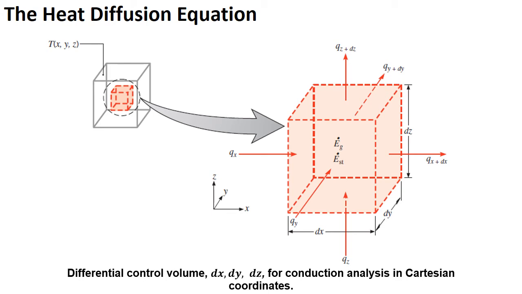I recommend that you draw this figure in your notebook, as it will give you a clear picture, and that figure will be used in order to derive the diffusion equation.